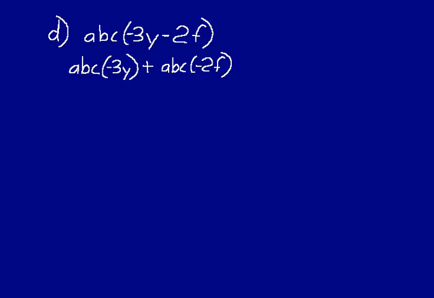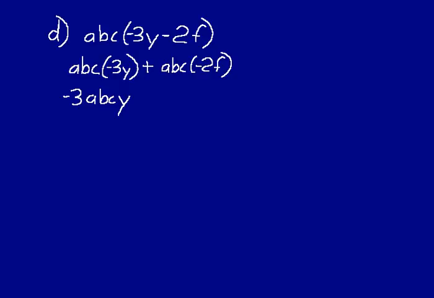Now, let's go ahead and look at that. ABC times negative 3y. Remember, the order doesn't matter in multiplication. So that negative 3, that's a factor in there, and we can move that negative 3 to the front, because usually that's what we do with the numbers in a term. The numerical part, we put that first, and then we say A, B, C, Y. Now we don't have to put the number in front, but that's usually just kind of the standard accepted way to do those problems.